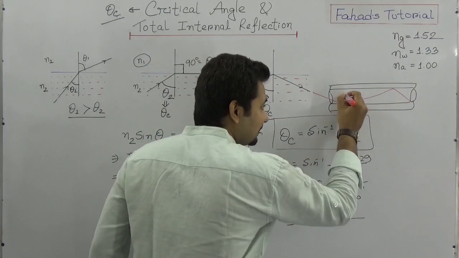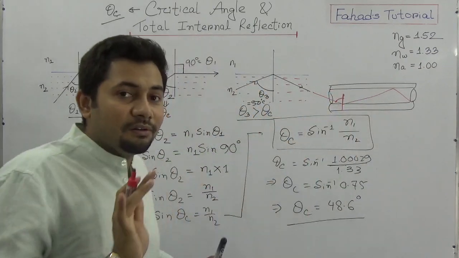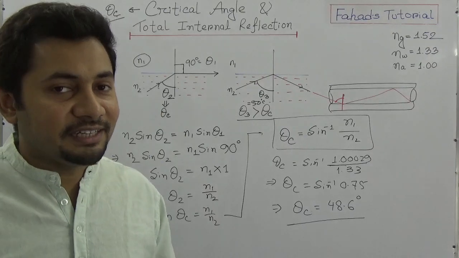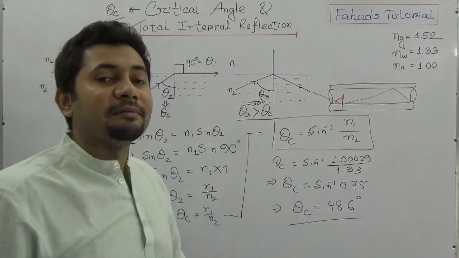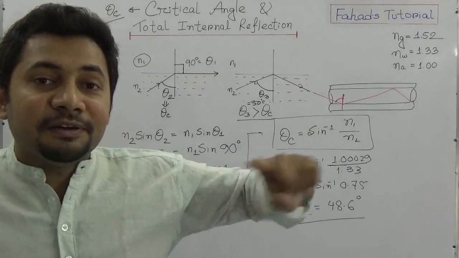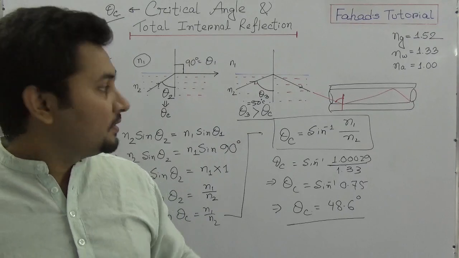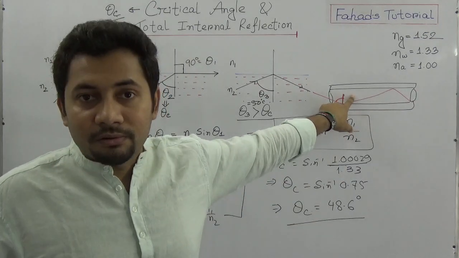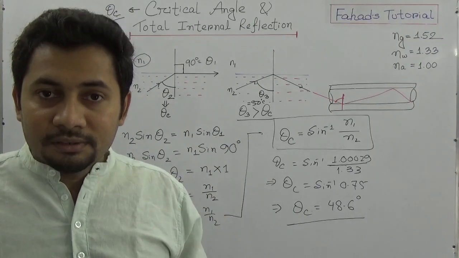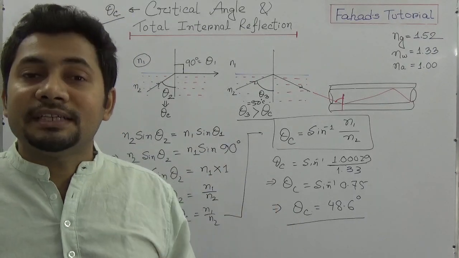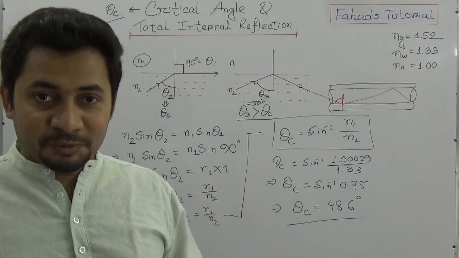If I draw a normal, this angle is always greater than the critical angle, and that is why light passes through the optical fiber by total internal reflection. Inside is the core, and outside it's called clad. Inside the core and the clad, there are two different refractive indices, like 1.5 and 1.7 respectively.